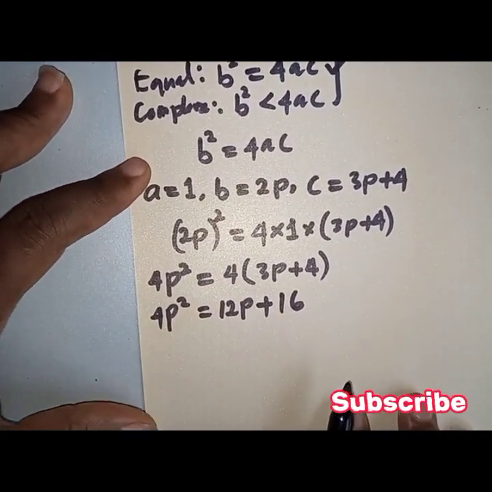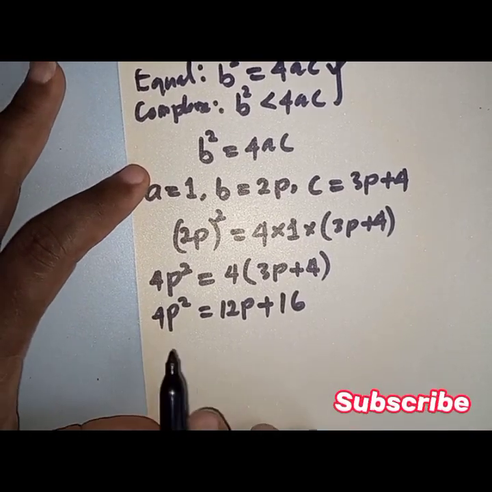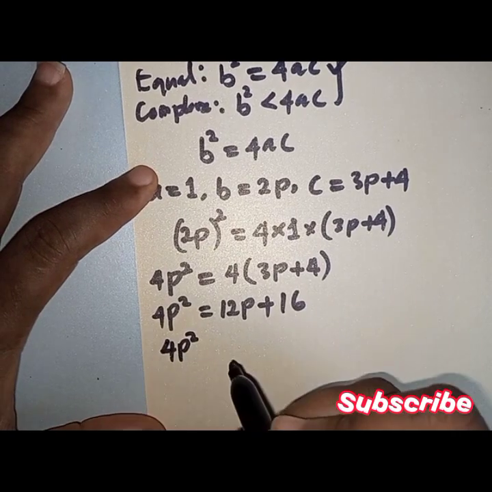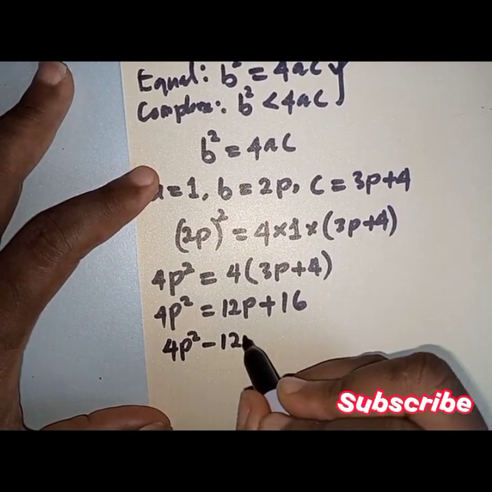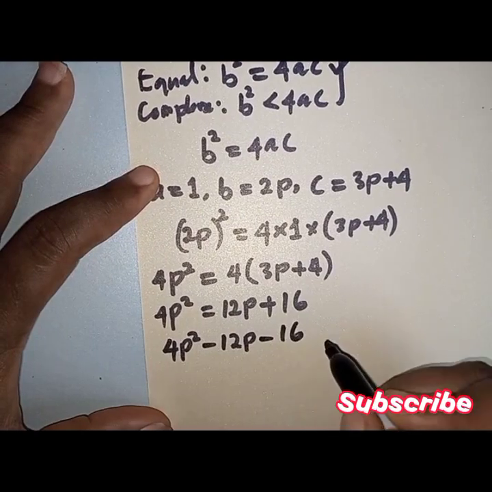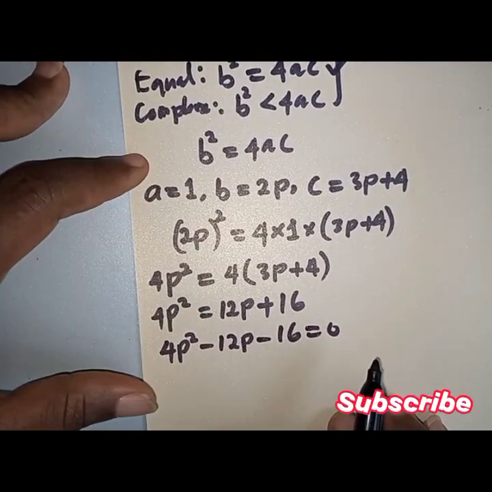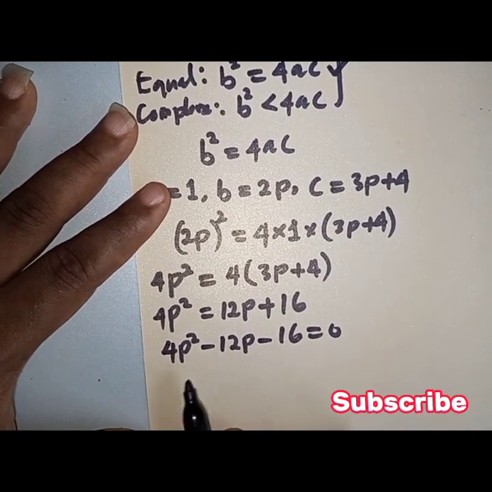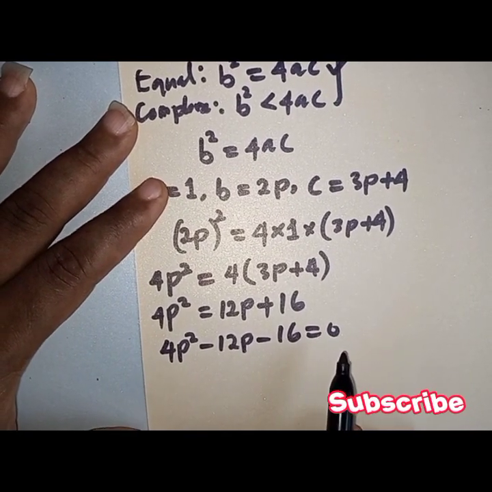So we're going to make it look like another quadratic function for the value of p. We have 4p squared minus 12p minus 16 is equal to 0, which is now a new quadratic function for the value of p. It means that we're going to have two values for p.